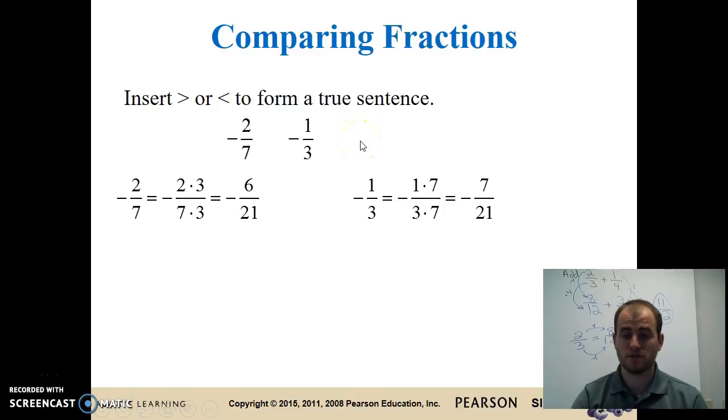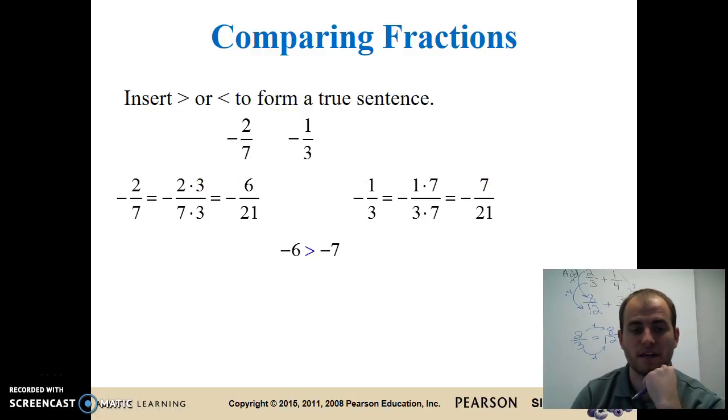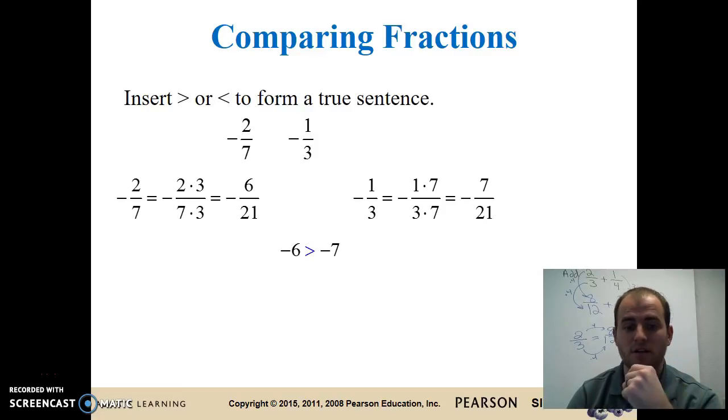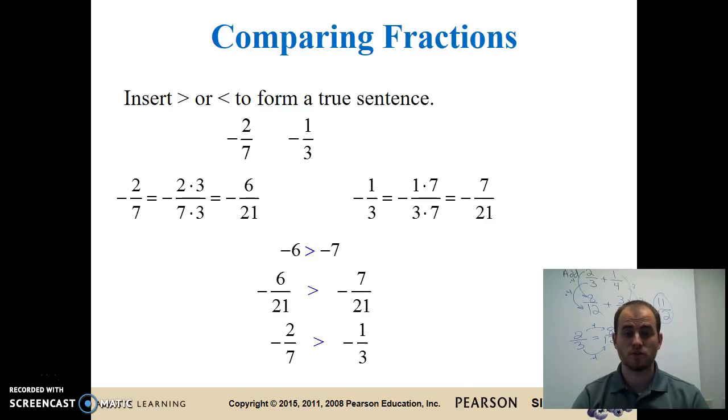So you'd get -7 over 21. So what's larger, -6 over 21 or -7 over 21? Well, what's larger, -6 or -7? -6, if you think about temperature, is 1 above -7. So -2/7 is larger than -1/3.